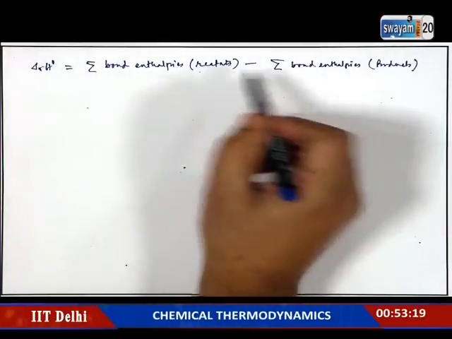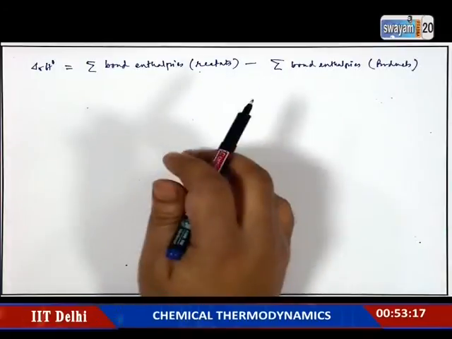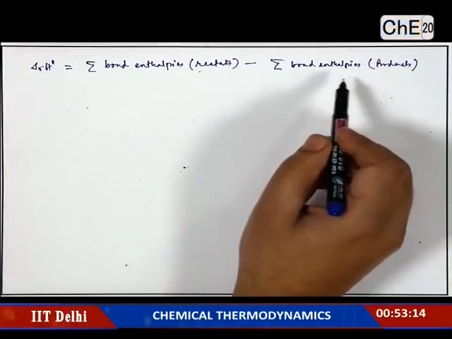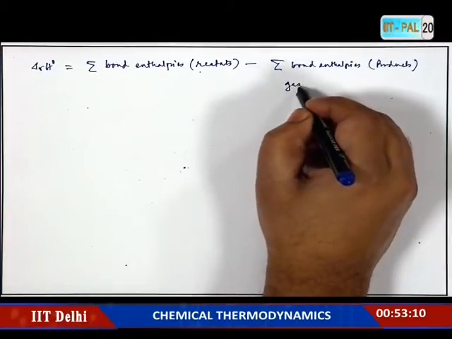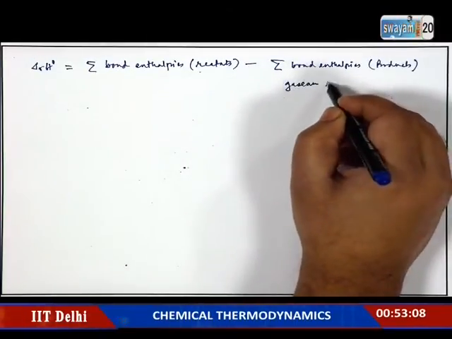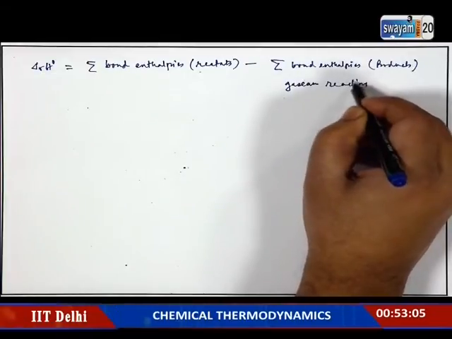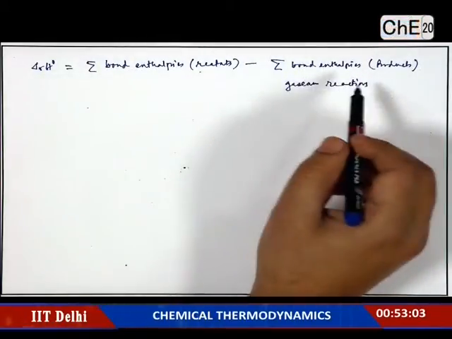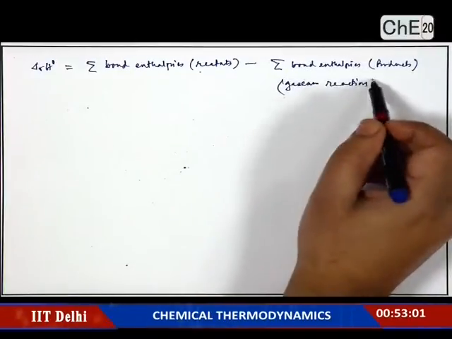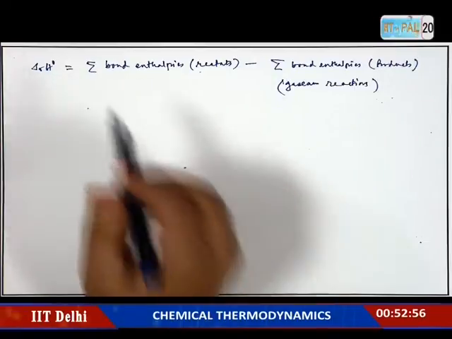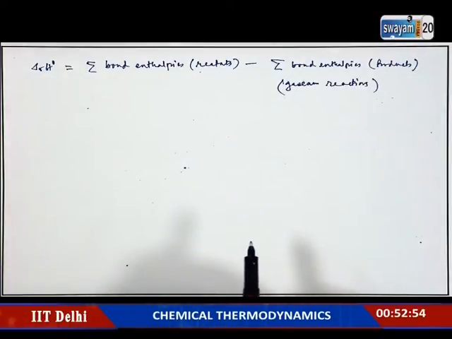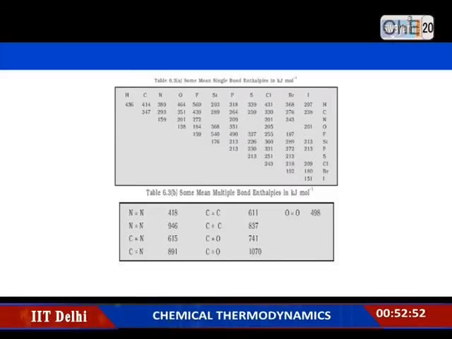In this case it is reactants minus products, and how it is arrived at we discussed in the last class. This is applicable for gaseous reactions. So, if you know the bond enthalpies for compounds, we can get delta R H naught, the standard enthalpy of reaction, and some of the values are available in the literature and given in your book.